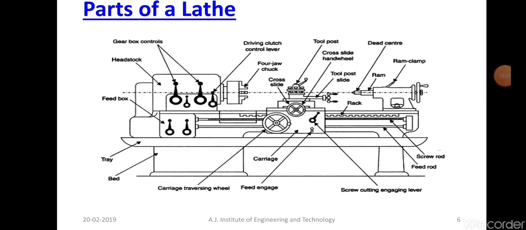And the cross slide, if it is rotated, will move in the z direction. If I say the left to right movement is x and the front and back movement is z, then the traversing wheel moves in the x axis and the cross slide moves in the z axis.